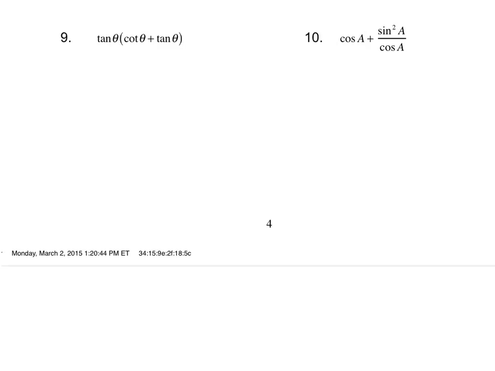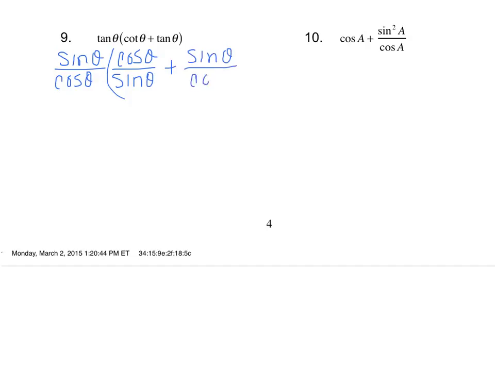Tangent of theta times cotangent of theta plus tangent of theta. Well, I don't have a Pythagorean identity there. And I have tangent and cotangent. They're not in terms of sine and cosine, so let's rewrite those. Tangent is sine of theta over cosine of theta, and cotangent is cosine of theta over sine of theta, plus sine of theta over cosine of theta.